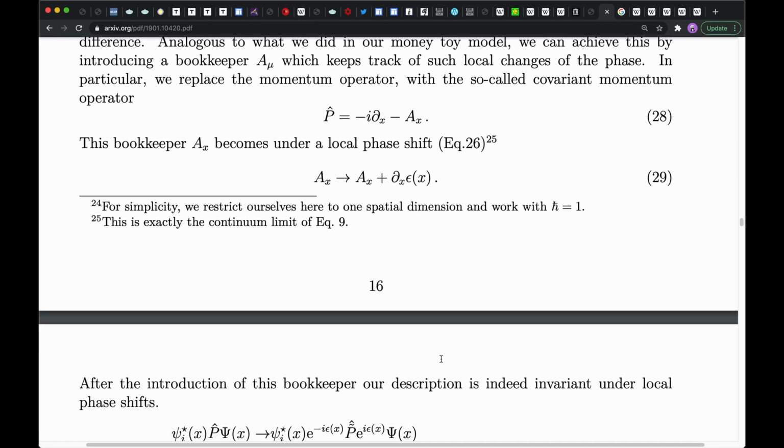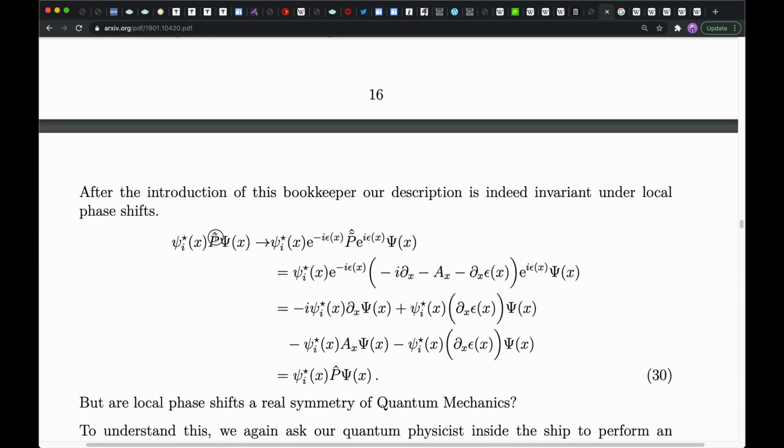And because of that, for the new capital P hat operator we will have that equation, and at the end you can see that the dx of epsilon and the dx of epsilon coming from the derivative operator will cancel out, and therefore we will obtain the same covariant preserved notion for the observability of our wave function. So physically nothing will change.